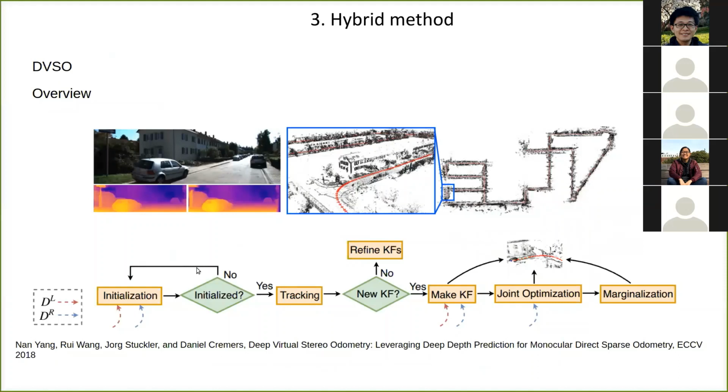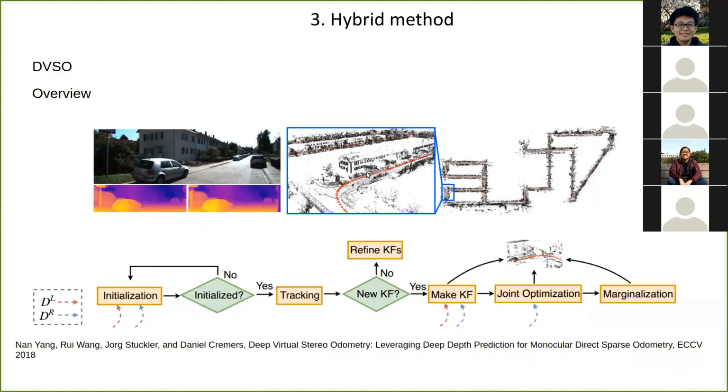So the final paper that I want to share is called DVSO. So this is a hybrid approach. I also shared this paper in the last lab seminar, and this approach actually combines the advantage of depth estimation and camera pose estimation of the neural network, and also the advantage of the traditional visual odometry.